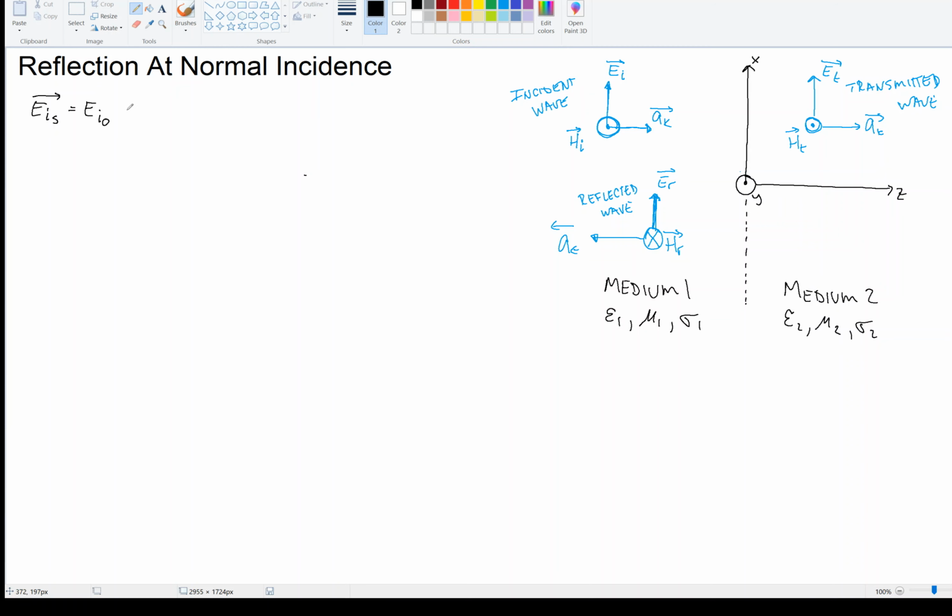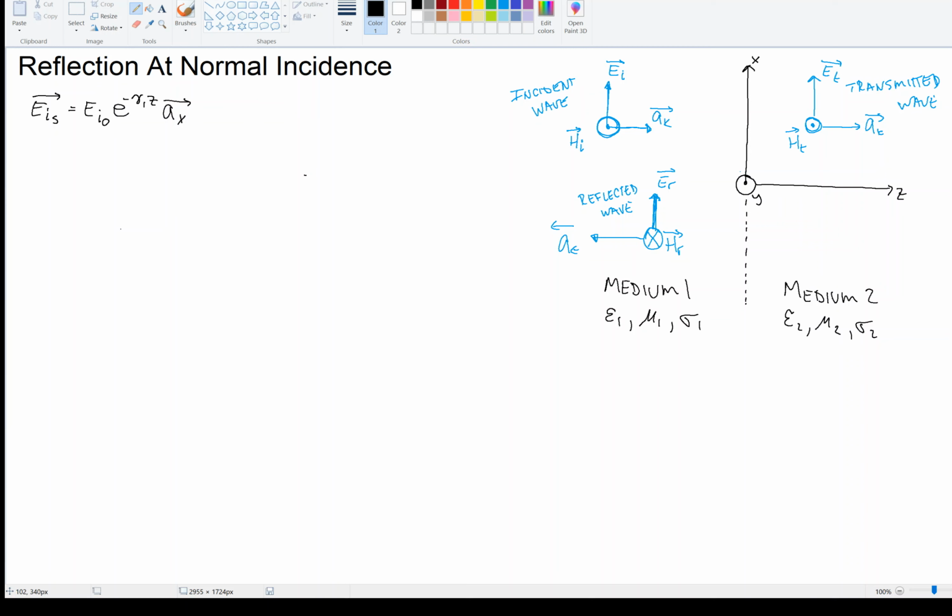It has some amplitude, and it might have some attenuation, and it has some wave number beta. Remember, gamma contains both of those pieces of information. Gamma is the propagation constant, so it's got the alpha plus j beta, the attenuation constant plus the wave number.